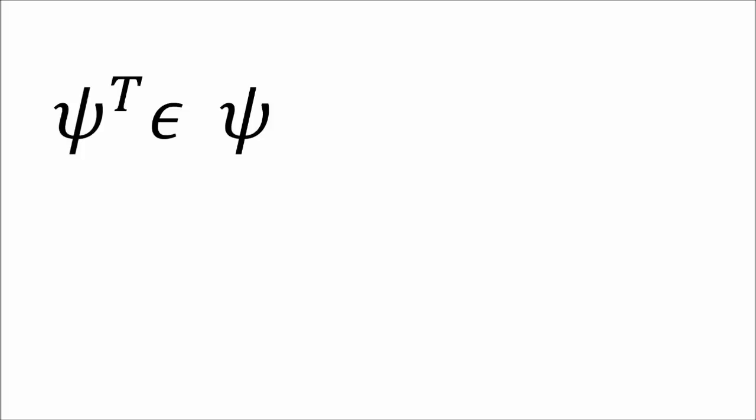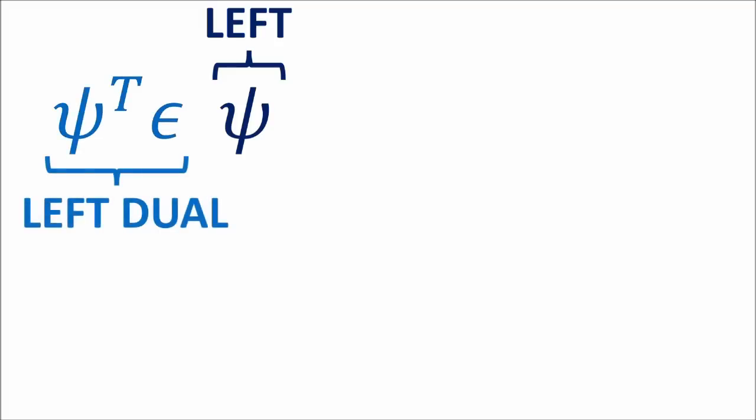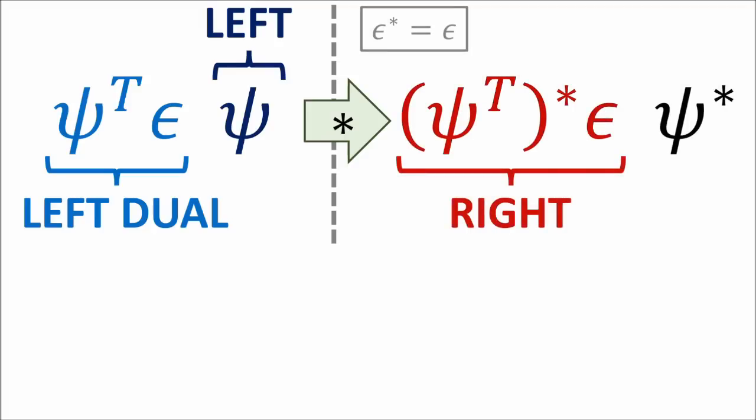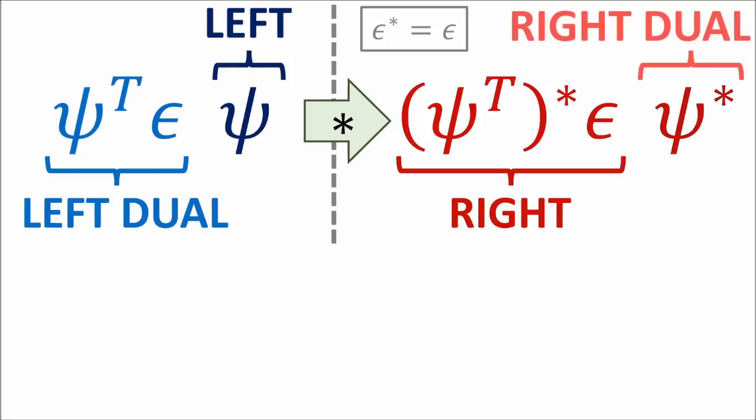If we look at this scalar product, we can identify this psi as a left Weyl spinor, and identify psi transpose epsilon as a left dual Weyl spinor. If we complex conjugate this entire formula, we can identify psi transpose conjugate epsilon as a right Weyl spinor, and identify psi conjugate as a right dual Weyl spinor.